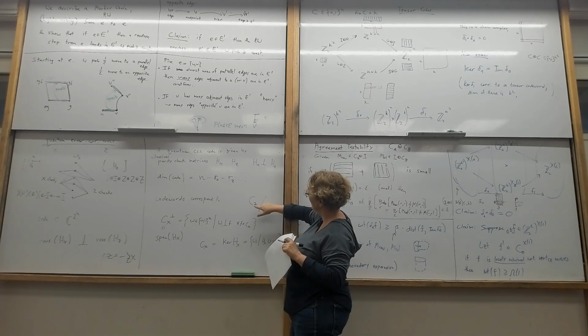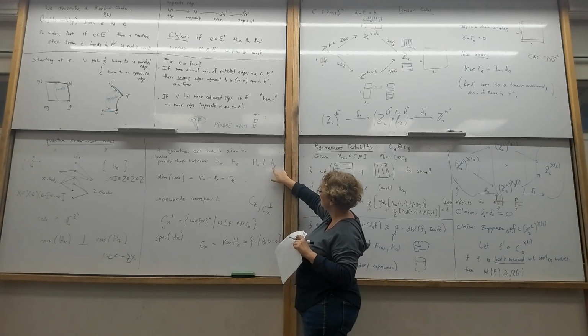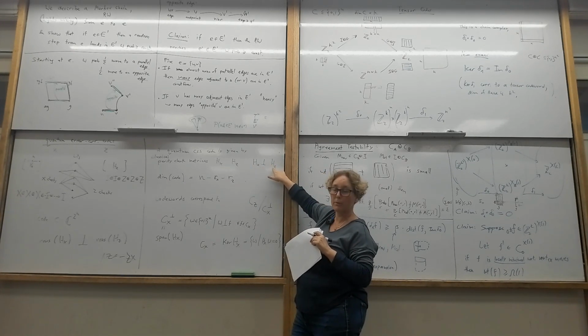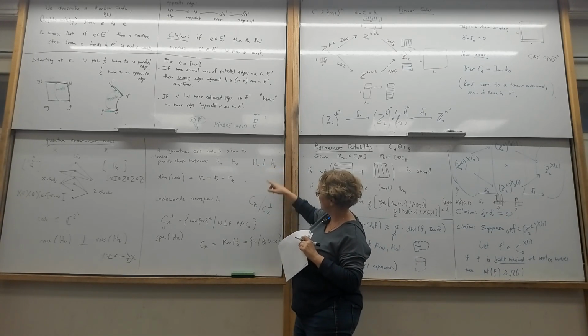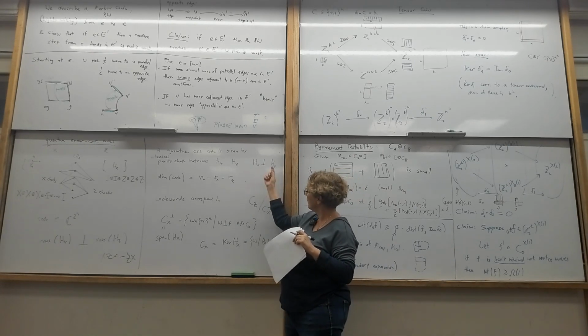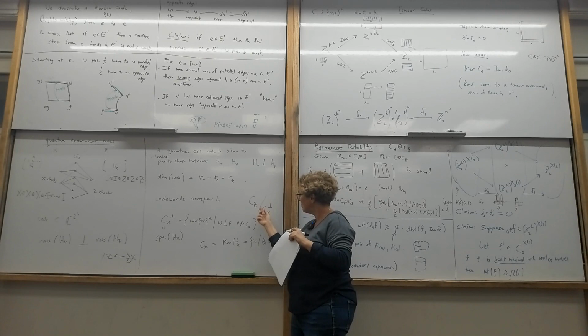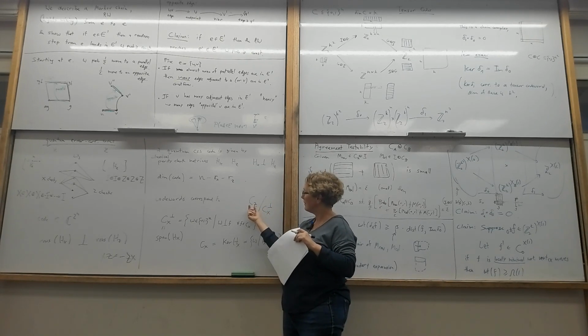Because being in the kernel of HZ means you need to be perpendicular to every row here, and HX indeed is perpendicular to every row here. So every row in HX is in CZ, and also every span of rows in HX is in CZ.